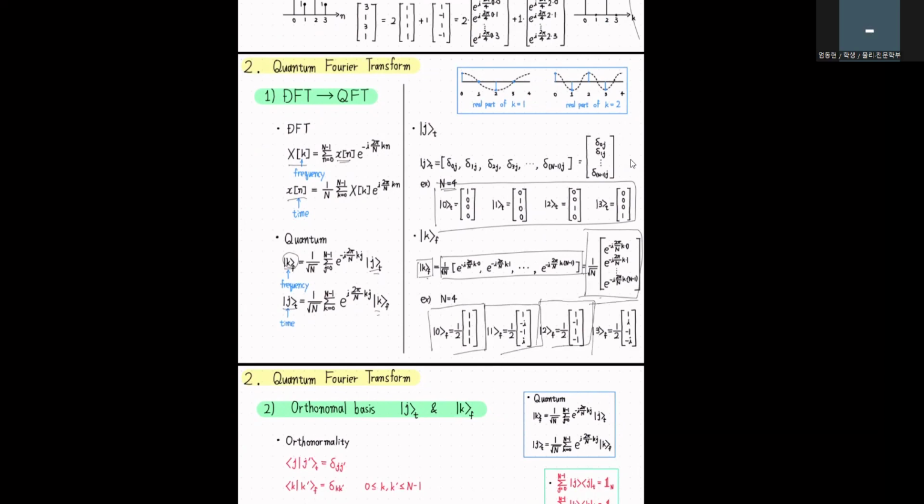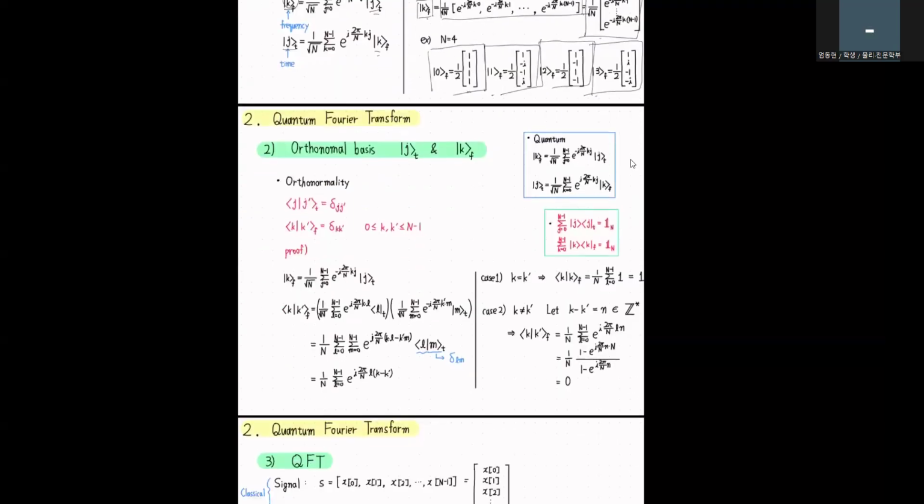And if you notice, these are actually the columns of the fast Fourier transform matrix. So we've covered the quantum Fourier transform's definition. We can also show that the quantum Fourier transform transforms states that are part of an orthonormal basis into other basis states.